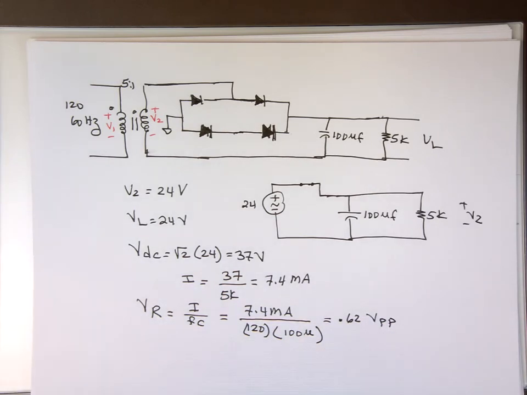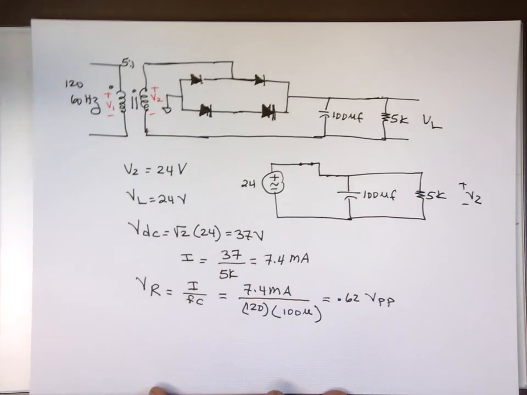A little bit bigger. So for a bridge rectifier, the ripple voltage is going to be a little bit bigger than center tap rectifier. Can we recalculate this if it's not ideal?